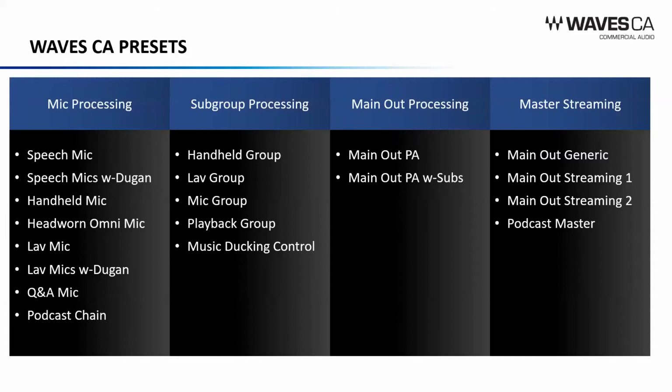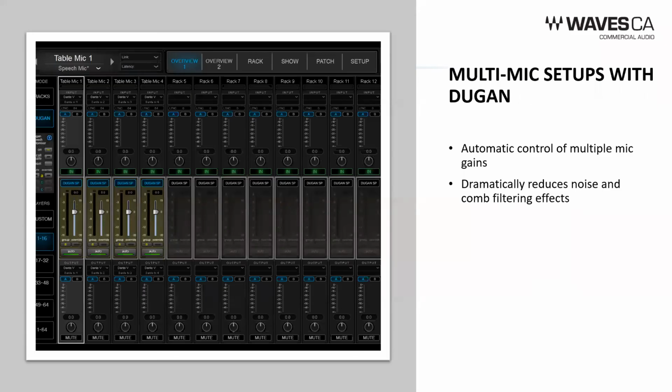What I'd like to do is dive into these in a little more detail. I do want to also highlight that on the mic processing, we have the ability on the mics to also interface in the Dugan auto mixing capability. If you're not familiar with Dugan, Dugan is a master at handling multiple microphones in a group setting.